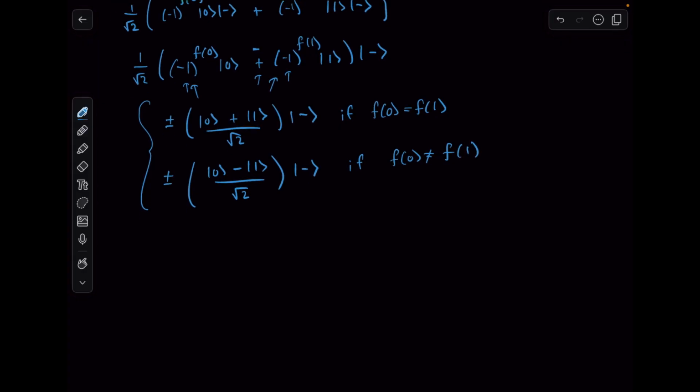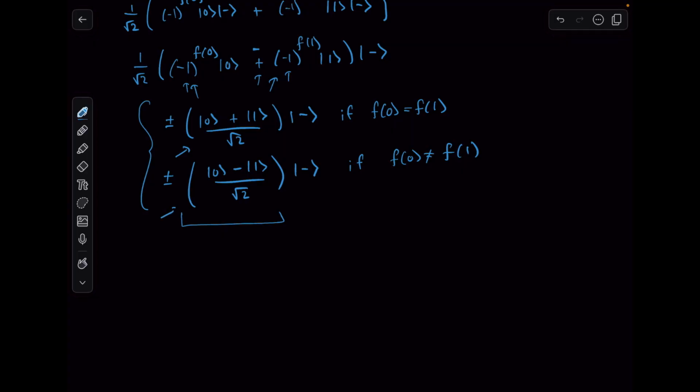So now here comes the key part. Let's apply a Hadamard to the first qubit. What happens if we apply a Hadamard to this state, for example? Well, this is the result of Hadamard onto a 0, and the Hadamard gate is a unitary gate, so if we apply it again, we should go back to 0.